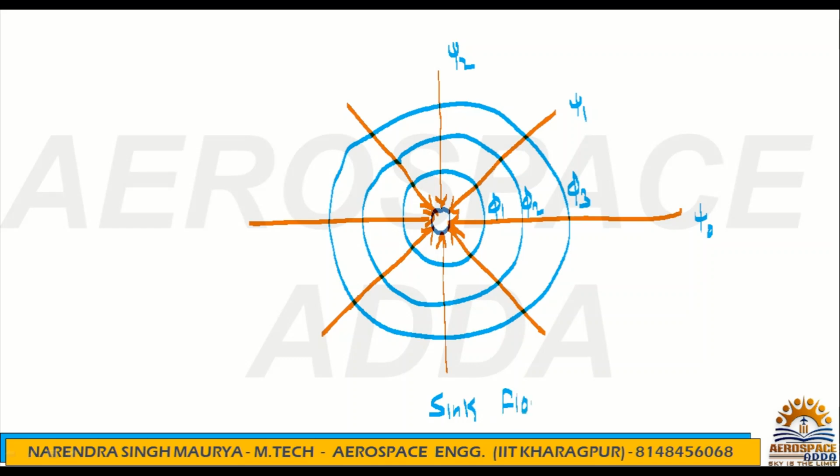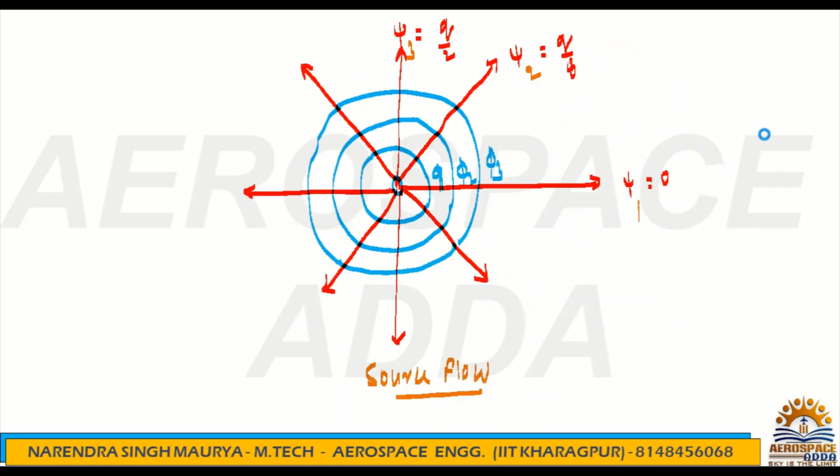So this is the graphical representation of sink flow, and obviously these are the equipotential lines. There should not be any doubt. These are the equipotential lines, and these are the streamlines for the sink flow, and similarly here also this is the streamline. Always remember, and this is nothing but the equipotential line.